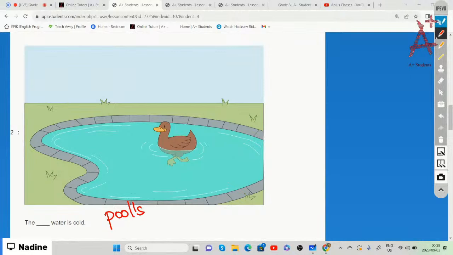Remember, you need to put the apostrophe. If you don't put the apostrophe, we will assume that it is wrong and it is showing plural form, more than one thing that you're referring to. So the pool's water is cold.